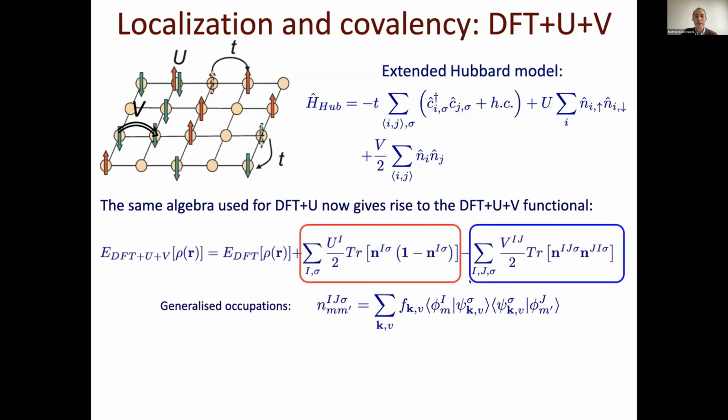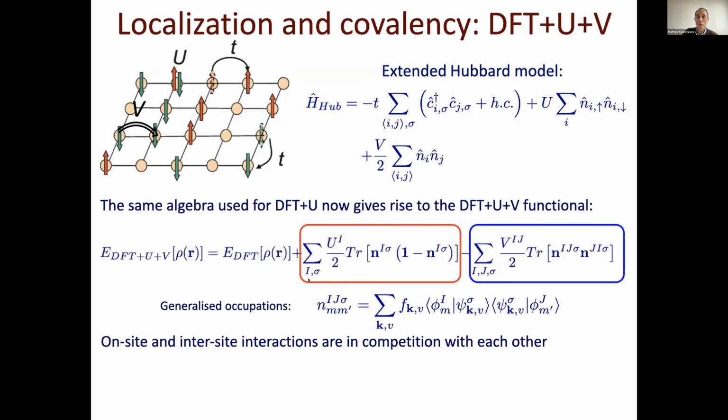So you have two terms now: the usual one that tries to localize electrons on the same Hubbard site, and the one circled in blue, the new one that instead describes interaction between neighbor sites and tries to favor localization on hybridized states, basically on bonds, if you want.